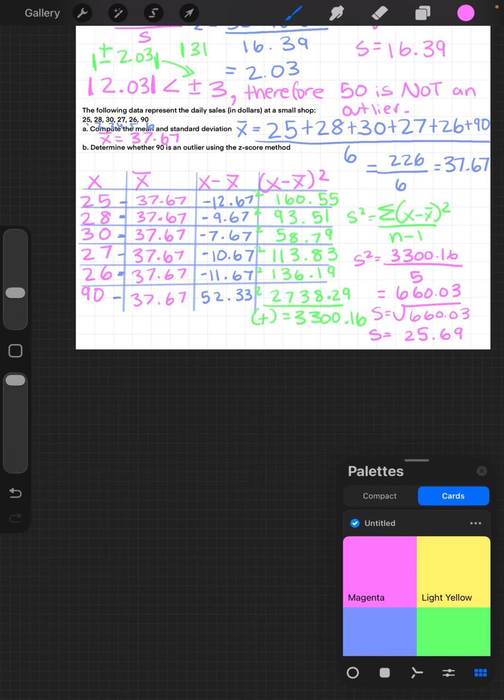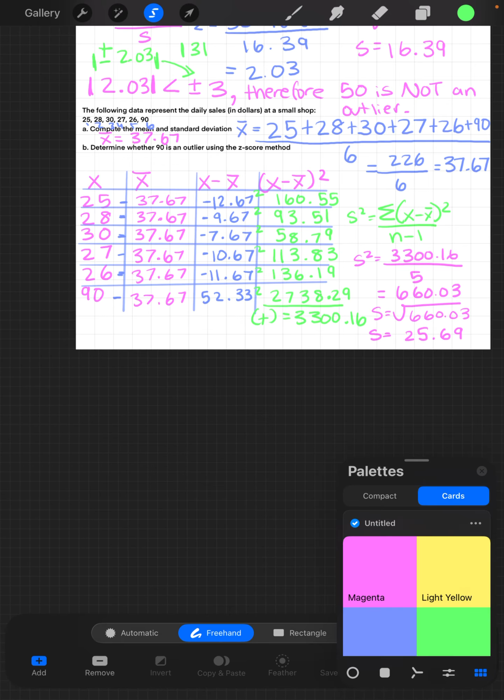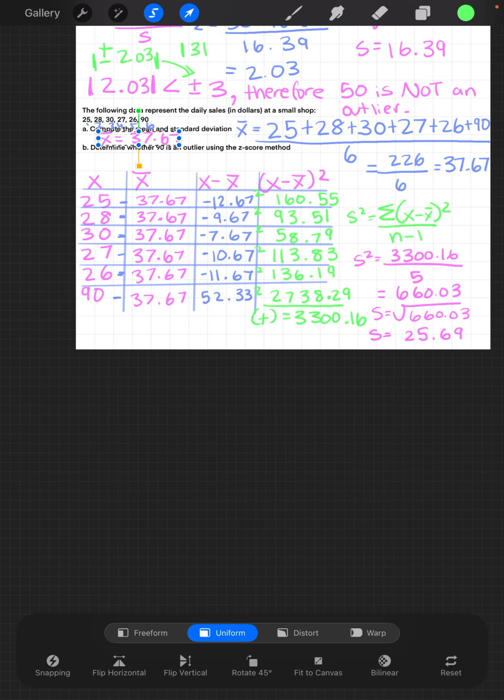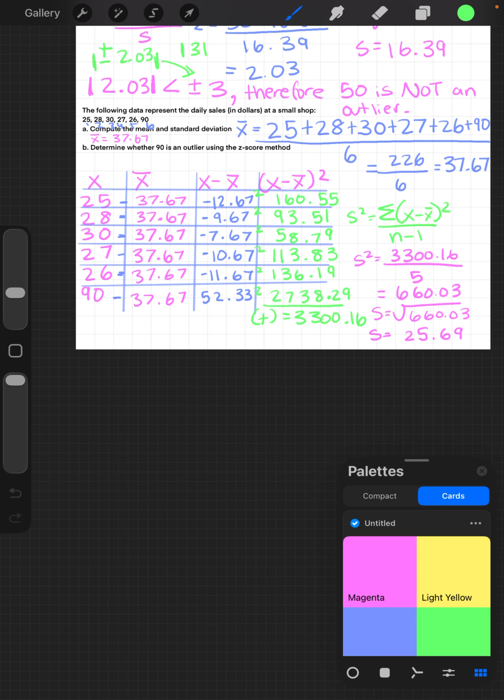So S is equal to 25.69. And then now we're gonna find out if 90 is an outlier using the Z method.